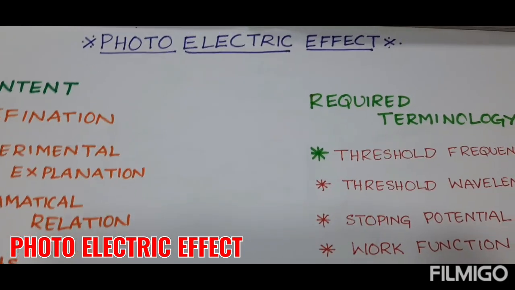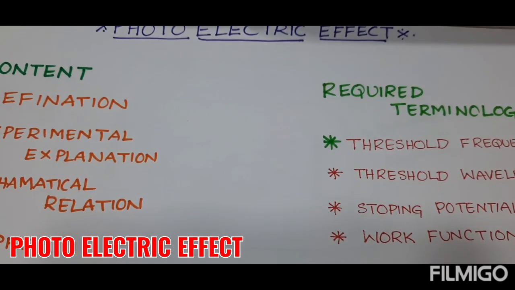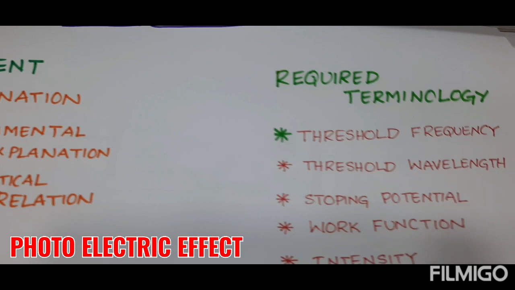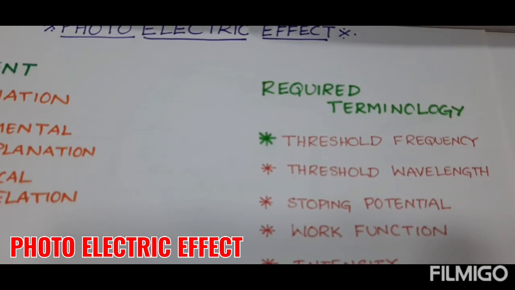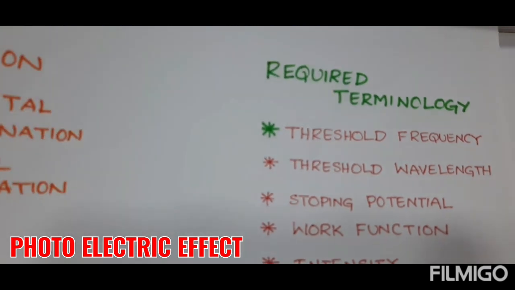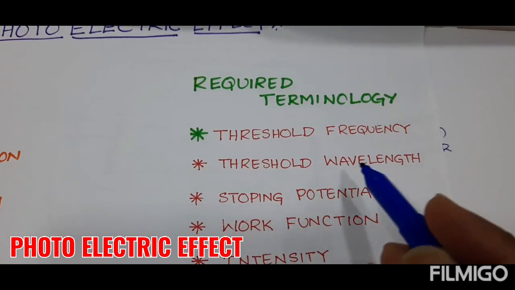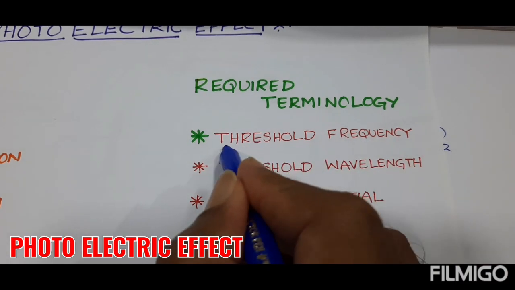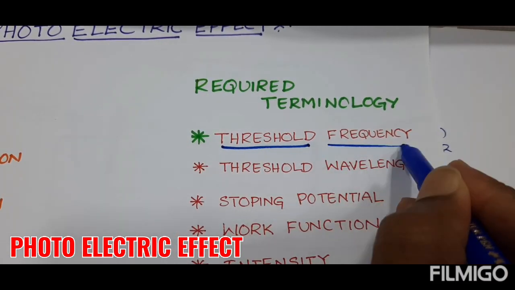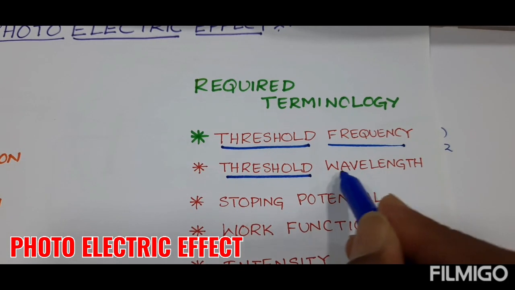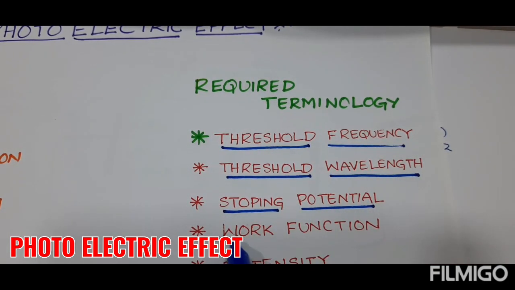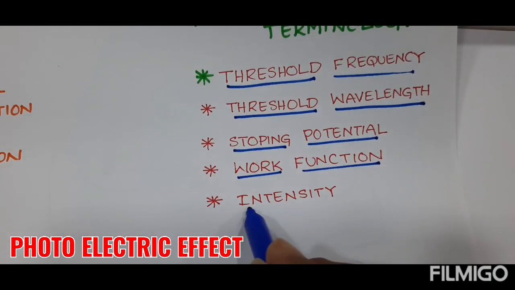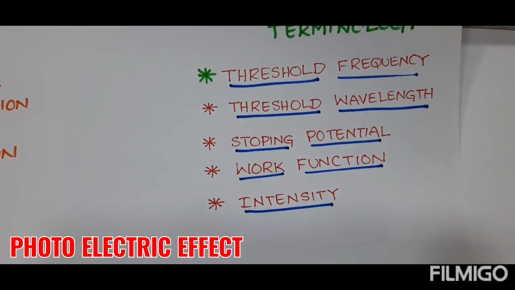For understanding this photoelectric effect, what is the terminology required? Here the students must have the knowledge of the terminology threshold frequency and threshold wavelength, stopping potential and work function and the intensity.